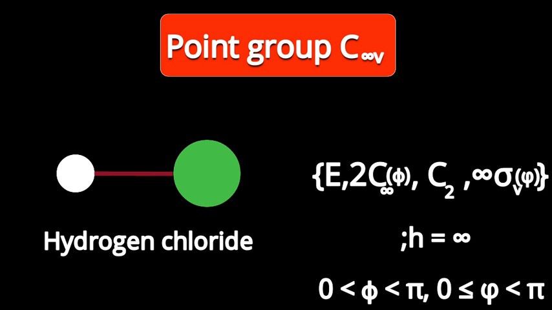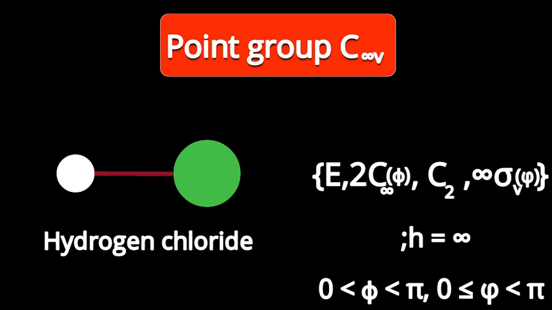And why is it greater than 0? Why is it not equal to 0? Because rotation by 0 degrees means identity, and identity we have already considered. We should give the fundamental basic right to the identity. So we are not considering rotation by 0 degrees and rotation by π here in this C∞.